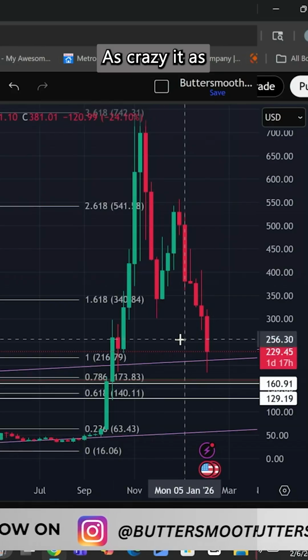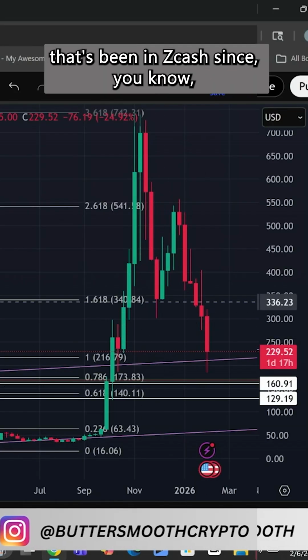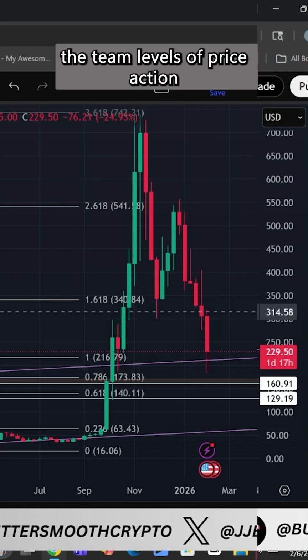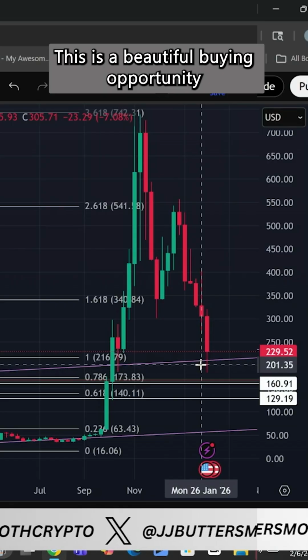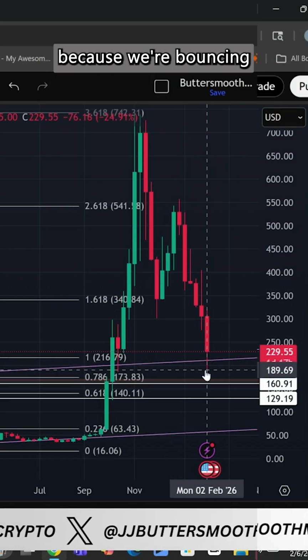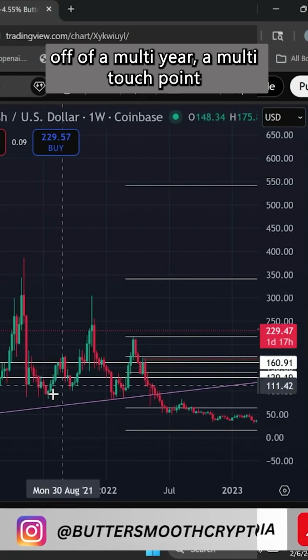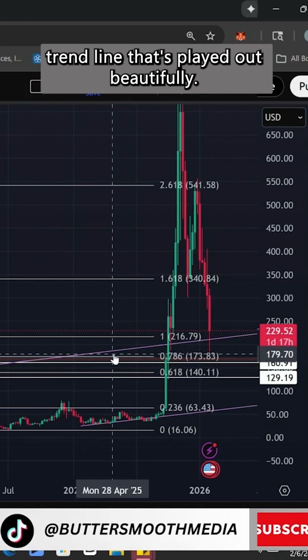As crazy as it is to say, as someone that's been in Zcash since the teen levels of price action, at $230 this is a beautiful buying opportunity because we're bouncing off of a multi-touch point trend line that's played out beautifully.